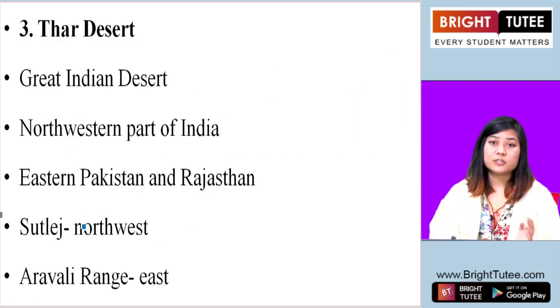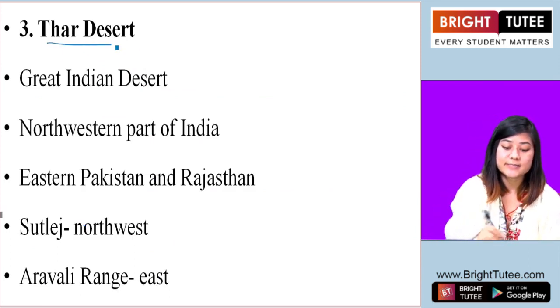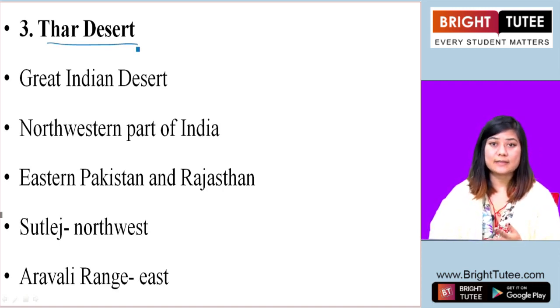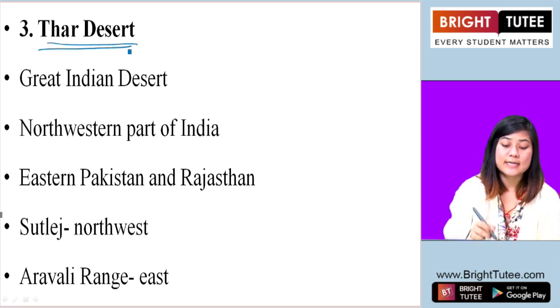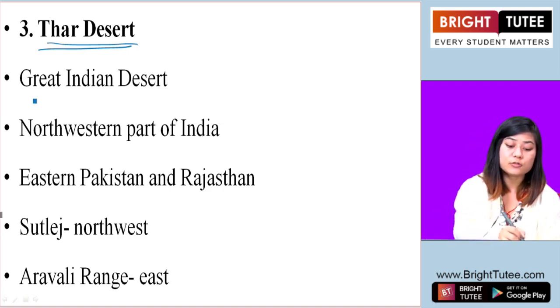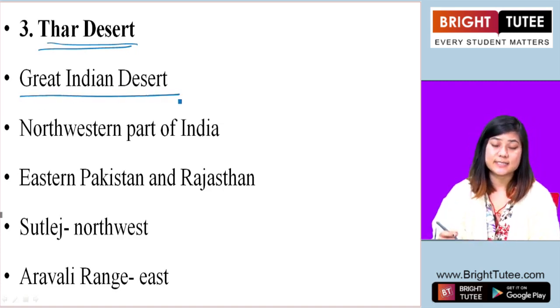Okay. Now the third physiographic division of India is the Thar Desert. So we just looked at the mountains, the Himalayas, and then we looked at the plains, and the third one is the desert. Now the desert, which is called the Thar Desert, is also known as the Great Indian Desert.